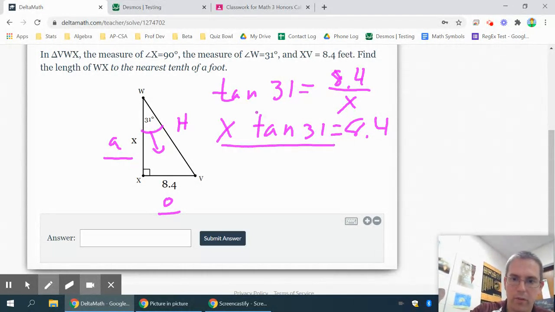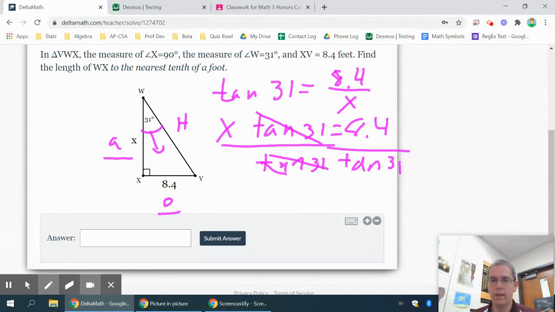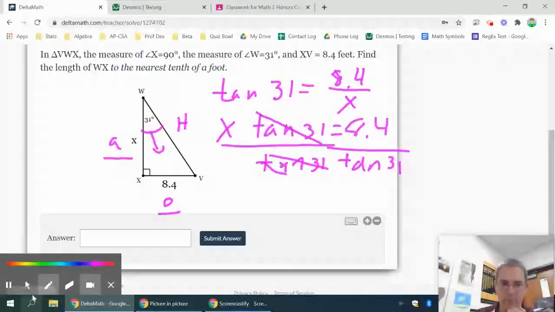Then I have to divide both sides by tan 31. So I get 8.4 over tan 31. And then you can just type that in to get your decimal approximation.